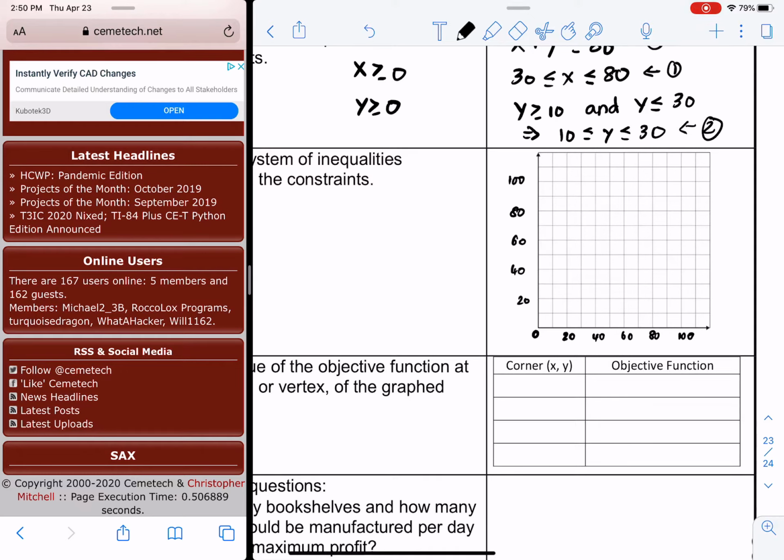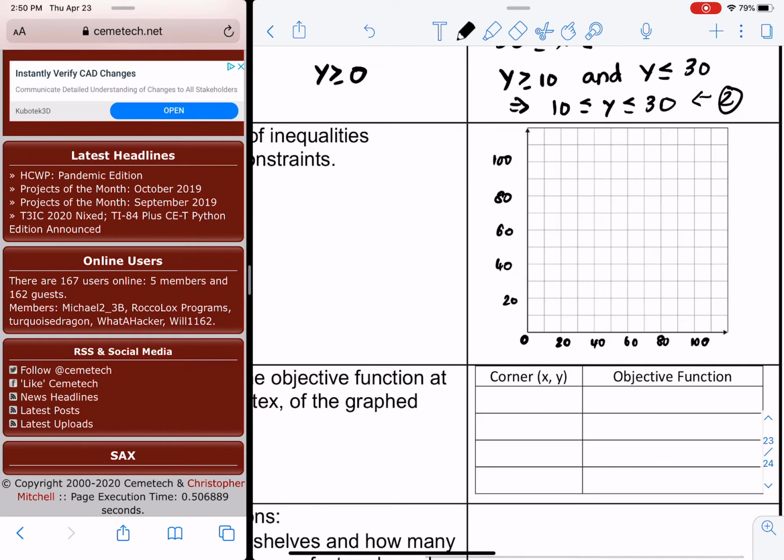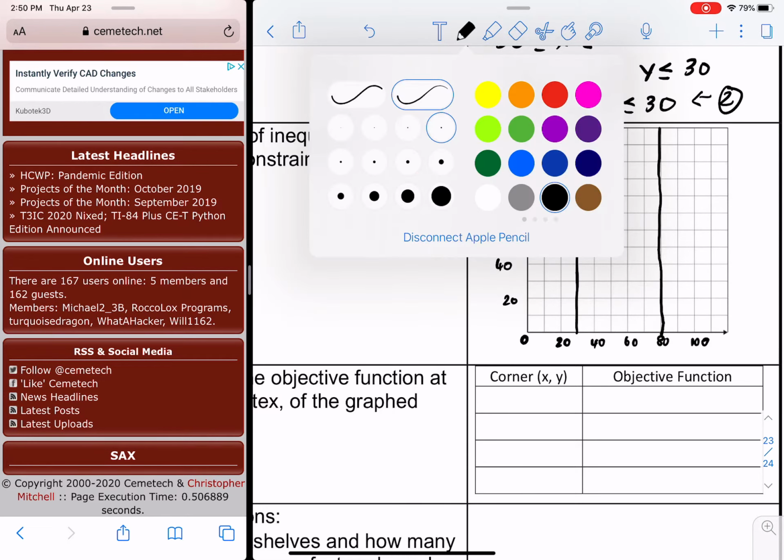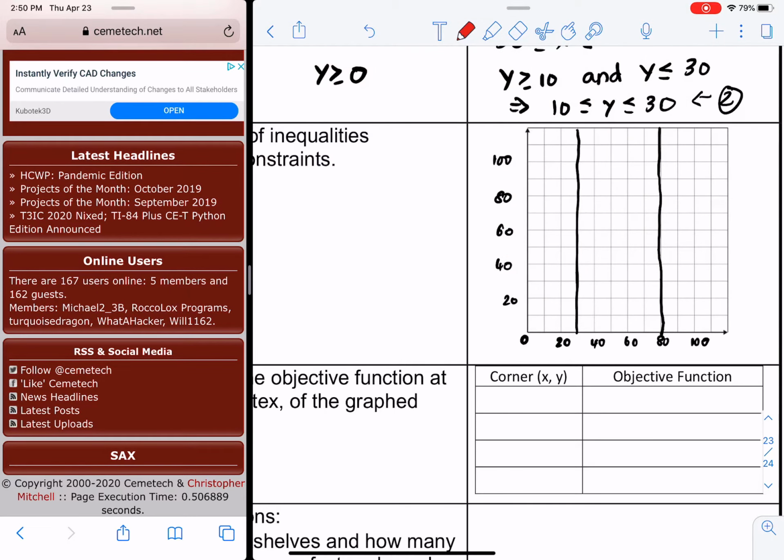So I'm going to draw a line here. And constraint number 2 is that y is between 10 and 30, including 30.